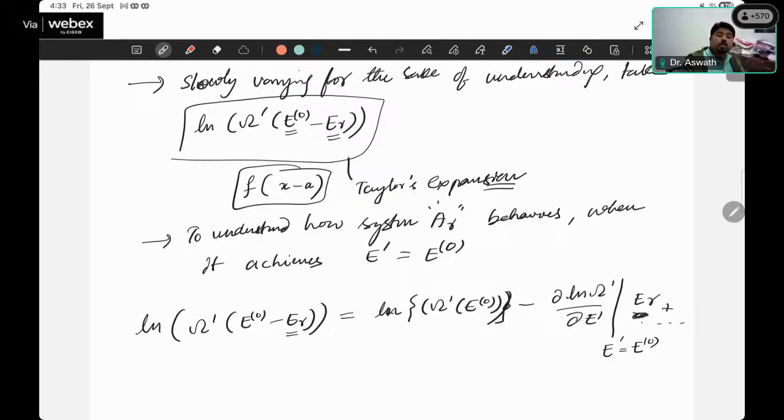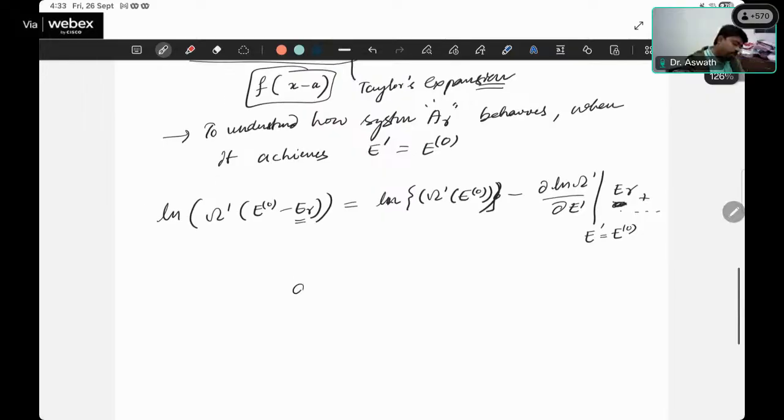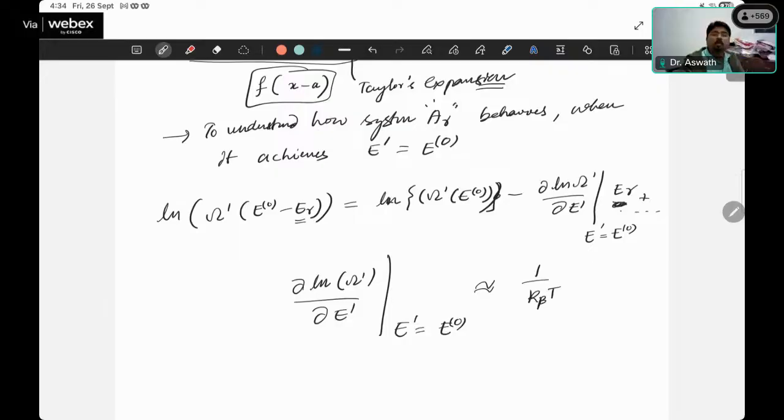Now, if you carefully look at this expression, the derivative of log omega prime with respect to E prime at E prime equal to E of 0 looks like 1 over the Boltzmann constant, which is written as beta, where beta is 1 over k.